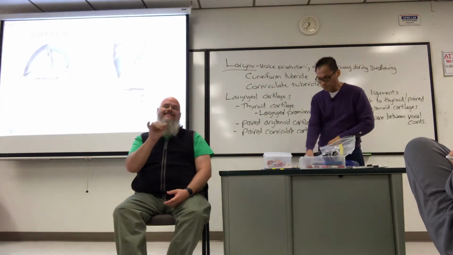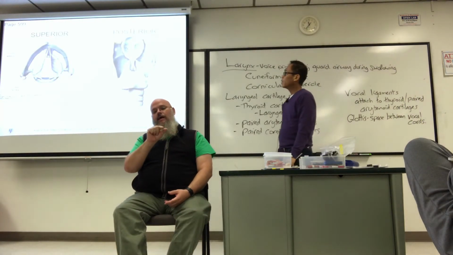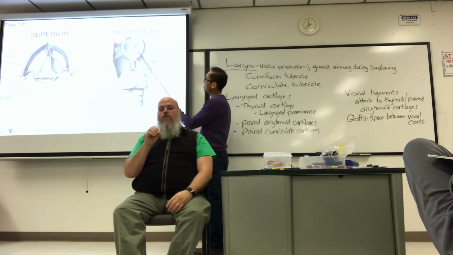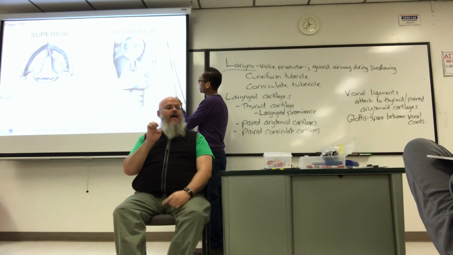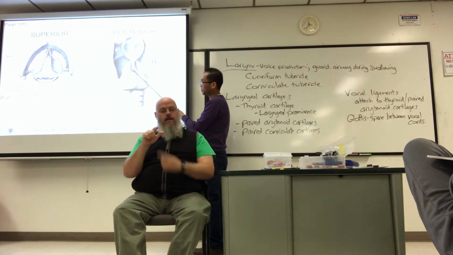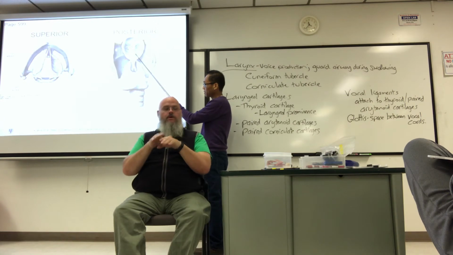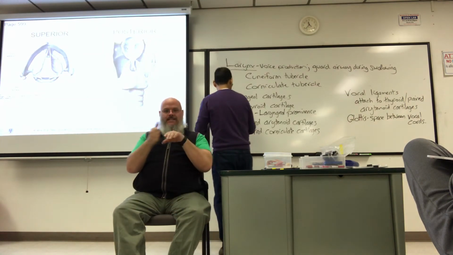All right, the other thing we can see from this slide in the posterior view? We see that there's an epiglottic cartilage that will cover the glottis during swallowing. So that's why it's called epiglottis, which means above the glottis.